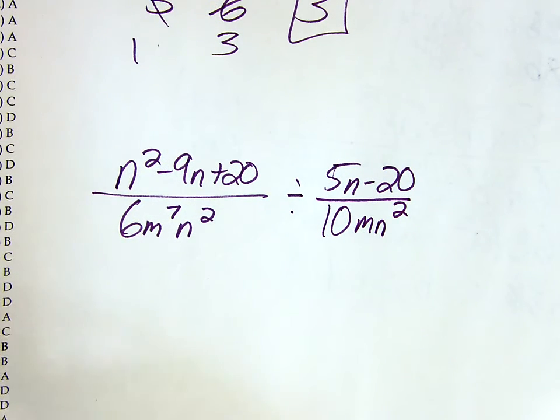So if you got a division problem, literally step 1 is keep, change, flip. And then it's just a multiplication problem and you know where to go from there.